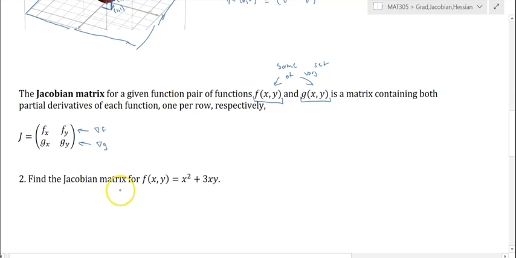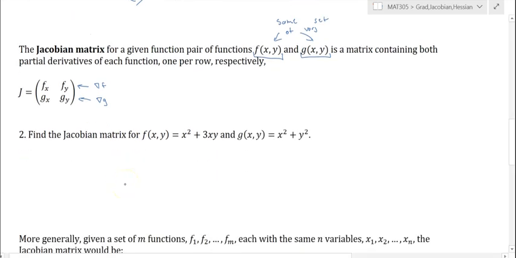So here in this case, if we have x squared plus 3xy as f, I guess we need a g. Now we already have the gradients of both of these functions. We determined that the gradient of f is the vector 2x plus 3y and 3x.